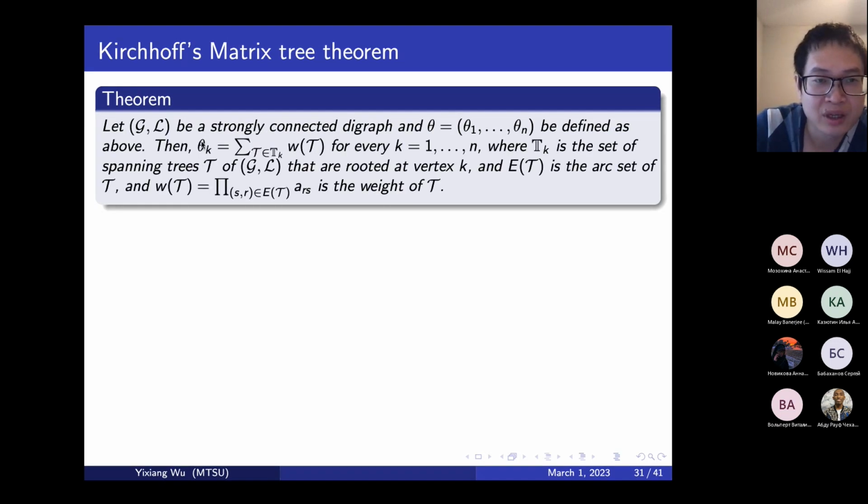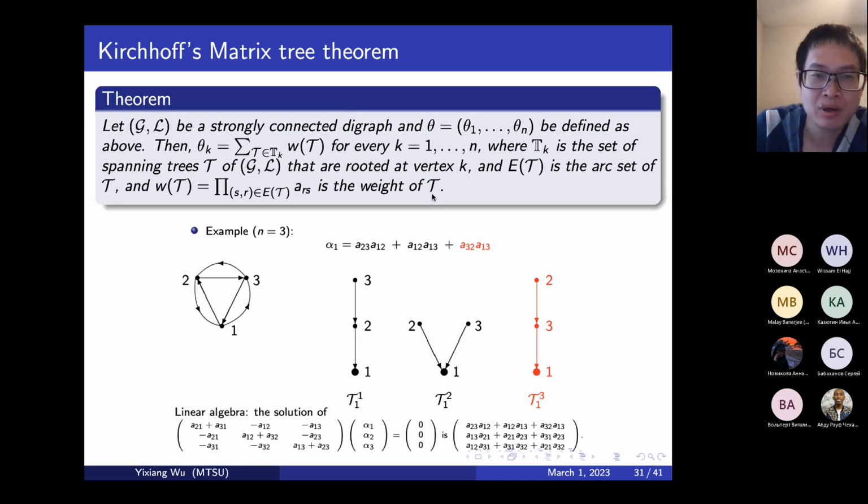Then we have this: theta k is the sum of the weights of T, where T_k is the set of all spanning trees of the graph that are rooted at the vertex k, and E(T) is the arc set of T. W(T) is the product of all the weights of the tree T. I'm using this example to illustrate the results.